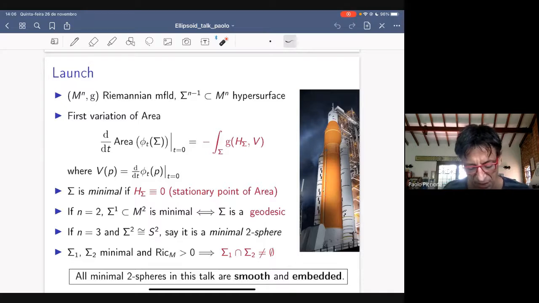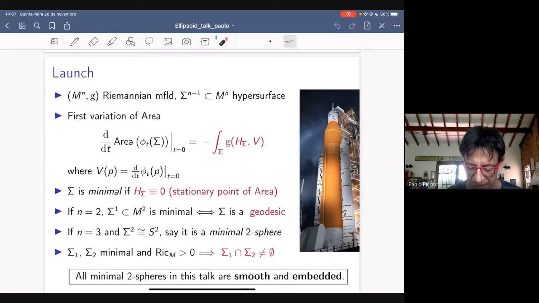So particular cases, if you take a two-dimensional manifold M and a one-dimensional minimal hypersurface, that would be just a curve, and it's a geodesic, of course. But the case we're interested in this talk is when the ambient manifold has dimension 3 and sigma is homeomorphic to a sphere, S2, and so we'll talk about minimal 2 spheres, okay?